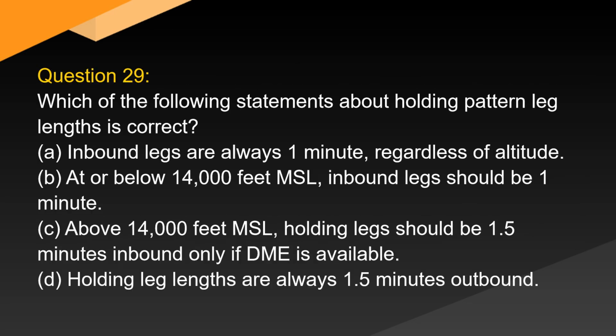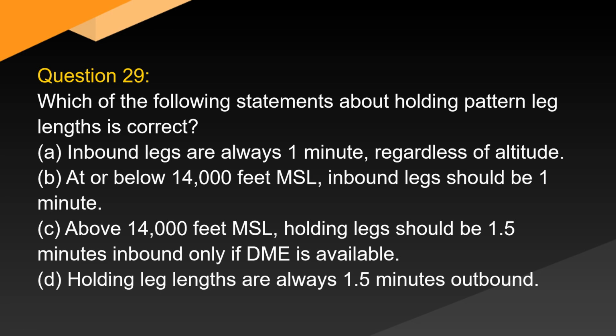Question 29. Which of the following statements about holding pattern leg lengths is correct? A. Inbound legs are always 1 minute, regardless of altitude. B. At or below 14,000 feet MSL, inbound legs should be 1 minute. C. Above 14,000 feet MSL, holding legs should be 1.5 minutes inbound only if DME is available.